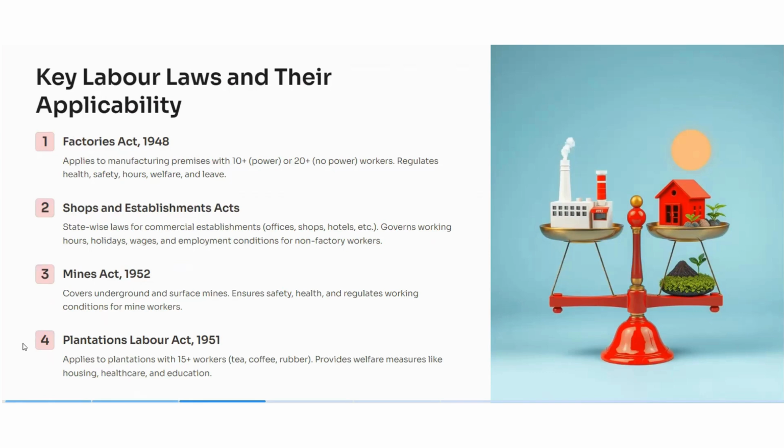Mines Act 1952 covers underground and surface mines, ensures safety and health, and regulates working conditions for mine workers. Plantation Labor Act 1951 applies to plantations with 15 plus workers, such as tea, coffee, rubber, and provides welfare measures like housing, healthcare, and education.